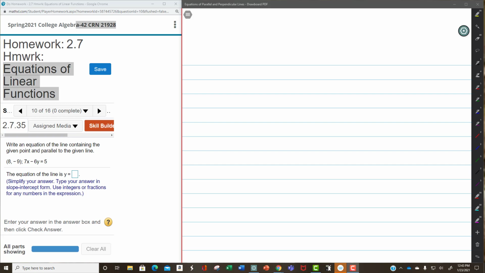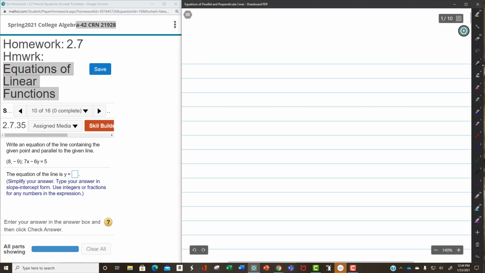We're going to start off with number 10, which is the beginning of parallel lines in their homework. So what we have is a line going through the point 8, -9, and this line is parallel to the line 7x minus 6y equals 5. Parallel lines have equal slope.